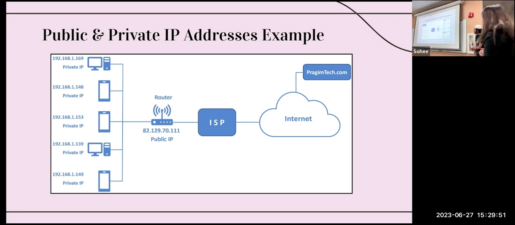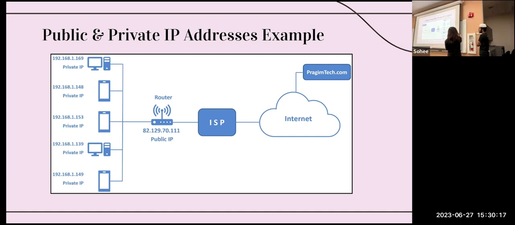Okay, so here's a really good example in my opinion. This side where it says private IP is like the school network, for example. Each one of these laptops or phones or whatever will represent a student. So within this local area network, you're using the 192.168.1.1 network. You can see the last octet is a little different, but the public IP is completely different.